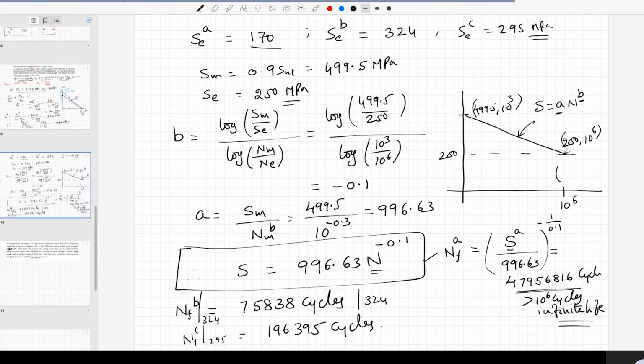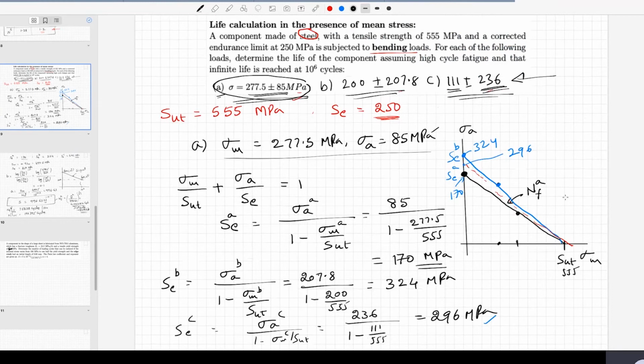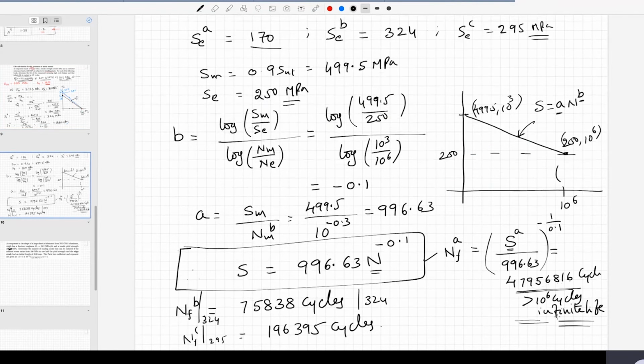Okay? So all that you need to check is that from the mean stress and stress amplitude information, you calculate what is your SE corresponding to, that means failure corresponding to this guy, and then you will be able to calculate the life of the component for different scenarios.